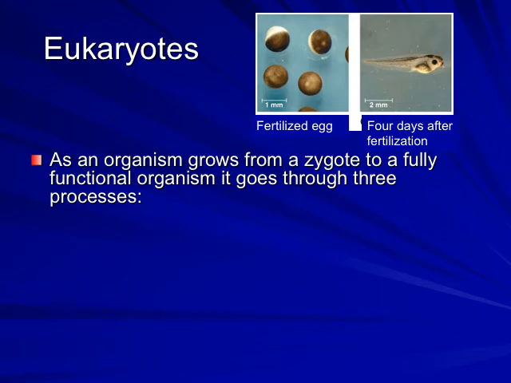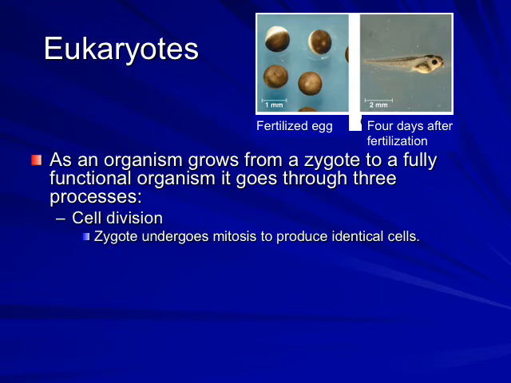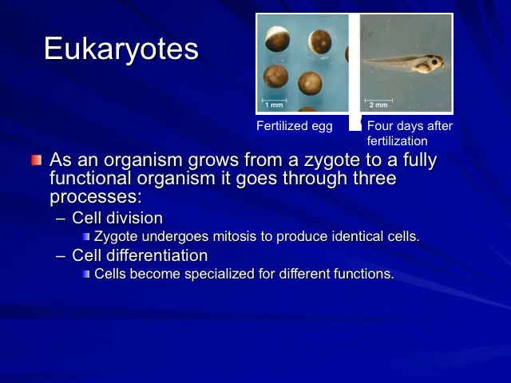So as an organism goes from a zygote to a fully functional organism, it goes through 3 processes. The first process is cell division, and that is where that fertilized egg undergoes mitosis. And then the cells produced via mitosis undergo cell differentiation, and those cells become specialized for different functions.